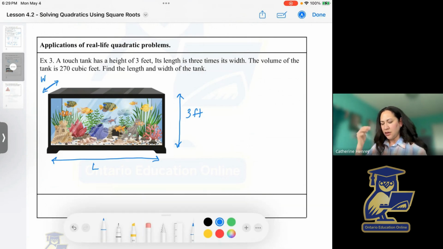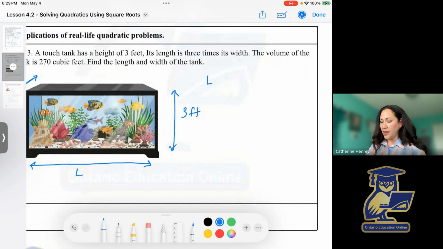I'll call that W. All right, so we're going to have a let statement since we're talking about a word problem. So we'll let L represent the length, and we're going to let W represent the width.